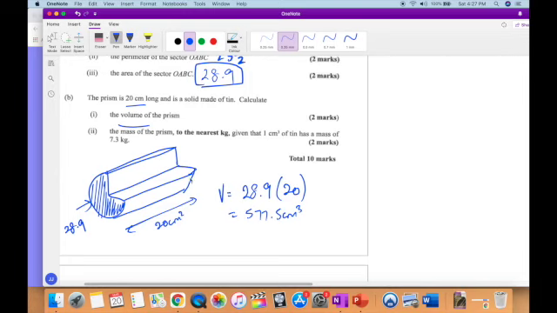Anybody? Shizzy? 580. Let me just see. Oh, okay. You just put the volume as 29. Okay, sure. Multiply by 20, I'll get 578. You get 580. Well, that's a huge error.